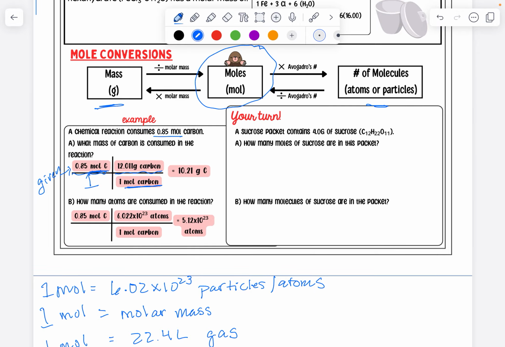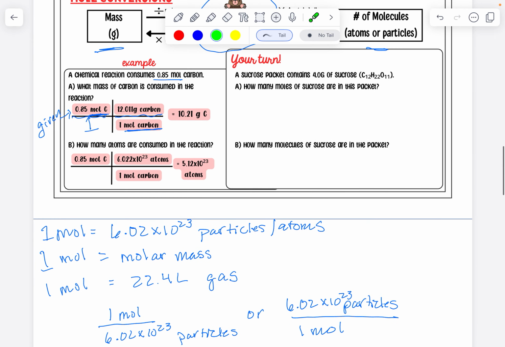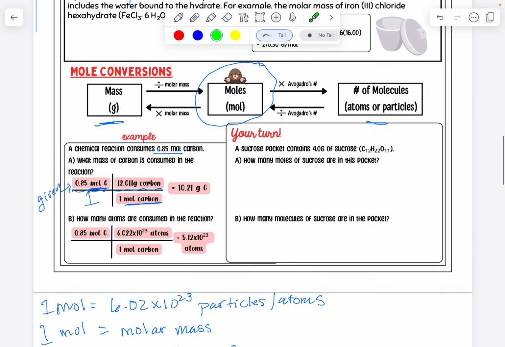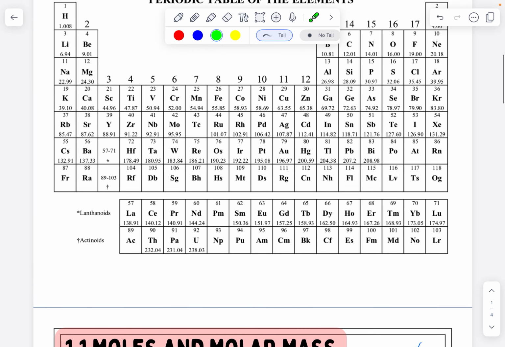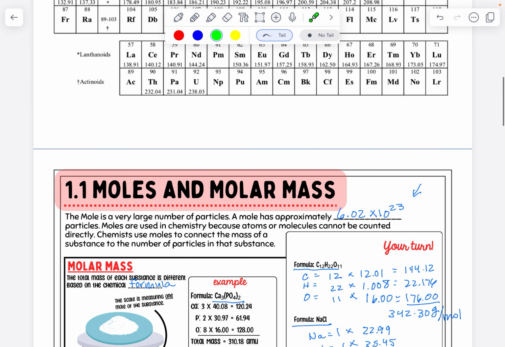And here I know I can go from moles to grams right here, that I know that the grams of my chemical formula is equal to 1 mole. So I'm going to fill that in here. I have 1 mole, and if I look up carbon on my periodic table, which is up here, I know that the mass is 12.01 because I only have 1 of them.